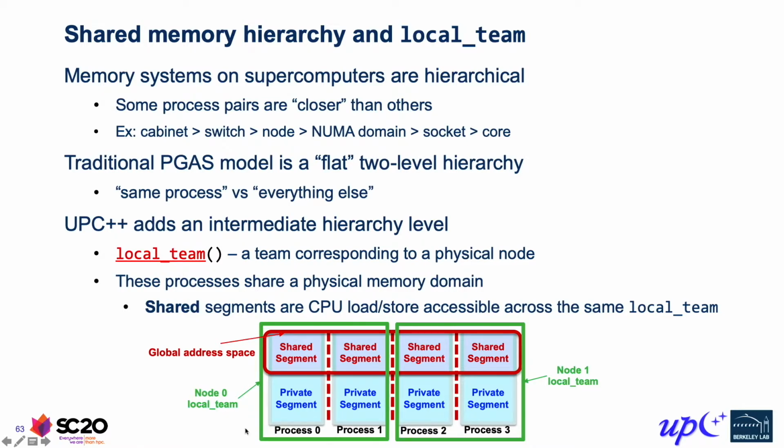So if we look at this example down here, we have two processes sitting in this shared memory domain, and another two processes sitting in this shared memory domain. So if we call local team on either process 0 or process 1, we get a team consisting of process 0 and process 1. And similarly, if we invoke local team on either process 2 or 3, we get a team that represents both of those processes together.